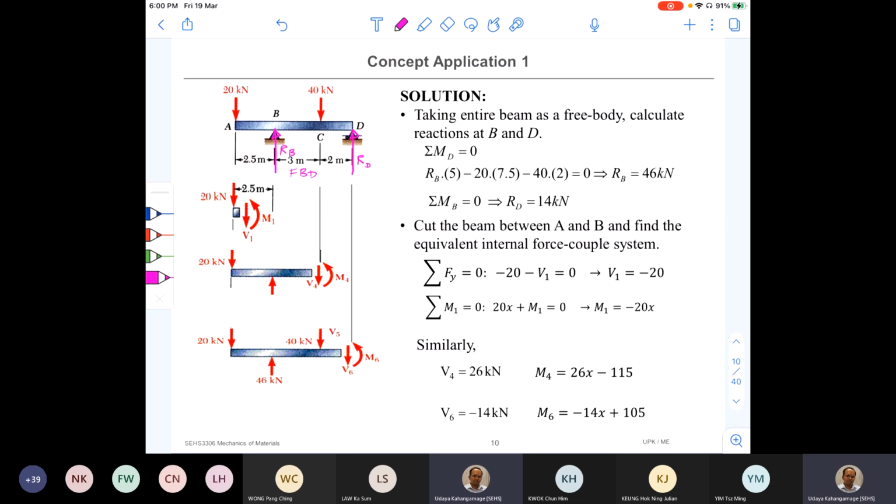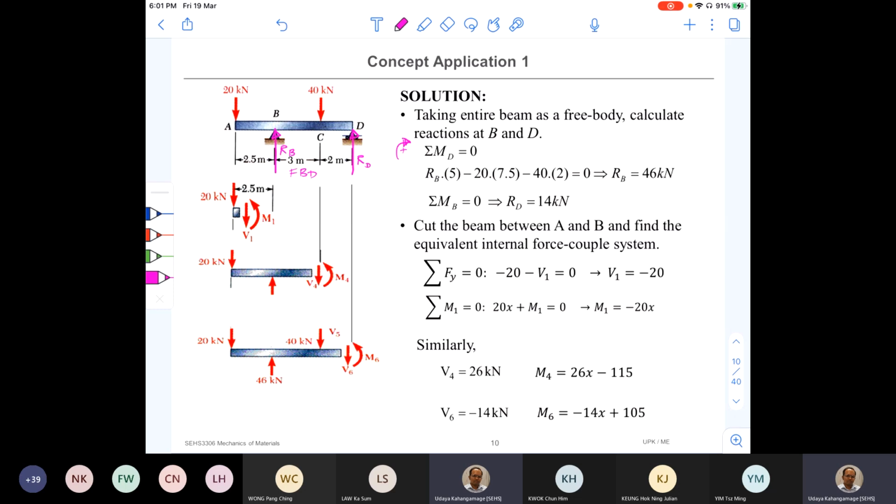Now you find RB and RD by writing the equations of equilibrium for the whole beam. To find RB, we can take the moment around D. From the way the equation is written, I am taking the bending moment as positive in the clockwise direction. First I take RB.